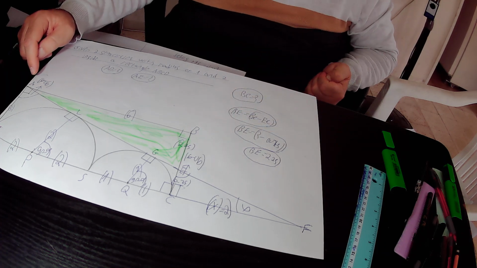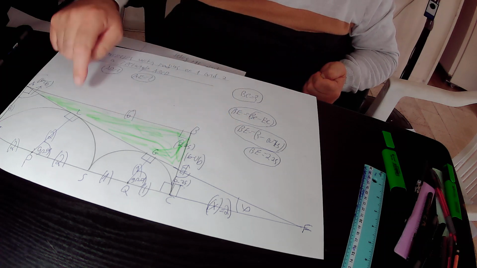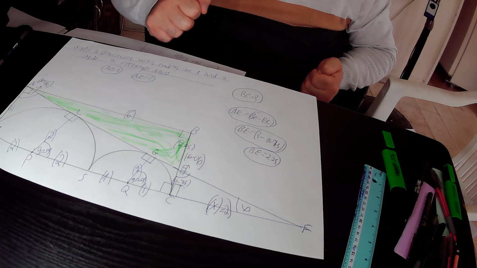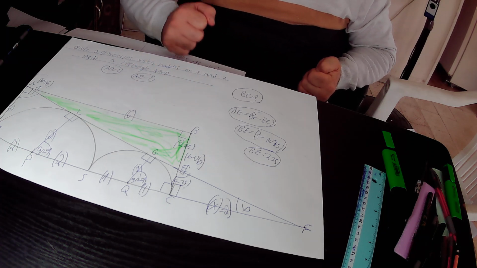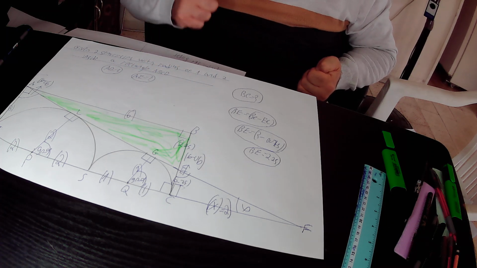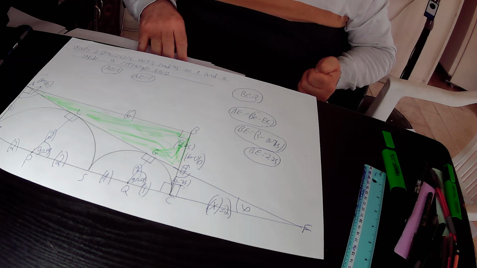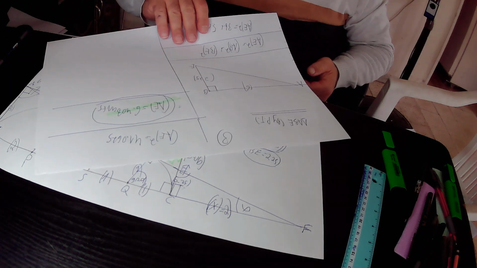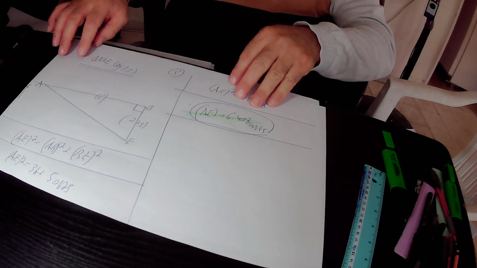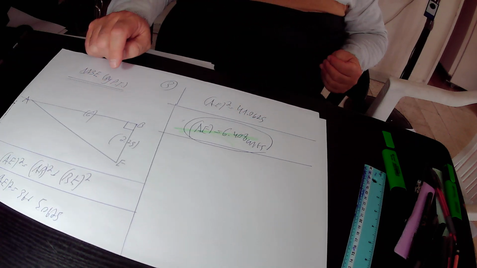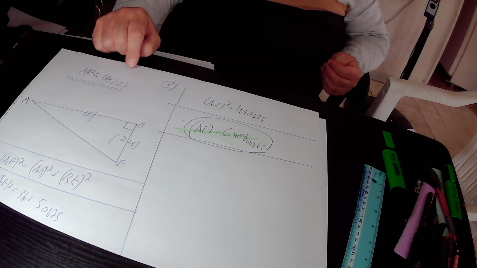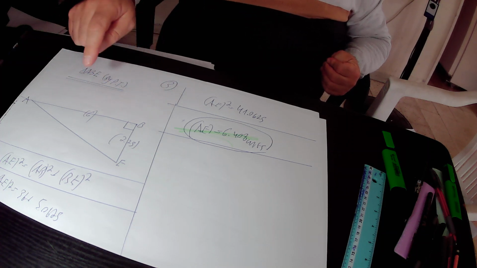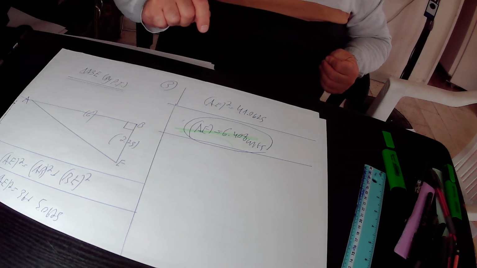In the next step, I copied this right triangle ABE onto a new page, and we implement the Pythagorean theorem in it. According to the Pythagorean theorem, in any right triangle, the square of the hypotenuse equals the sum of the squares of the legs. So in this right triangle ABE, AE squared equals AB squared plus BE squared.